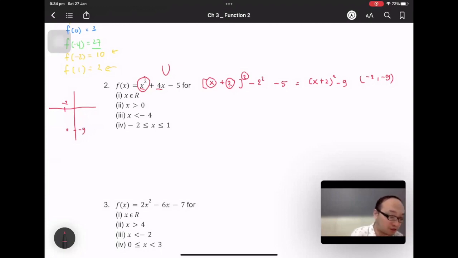So this is the vertex, and then it will be U-shaped here, like this. So once again, for x an element of the real numbers, for all values of x, we can see that the minimum y value in here is negative 9. The maximum is infinite. So the range will be y is greater than or equal to negative 9.